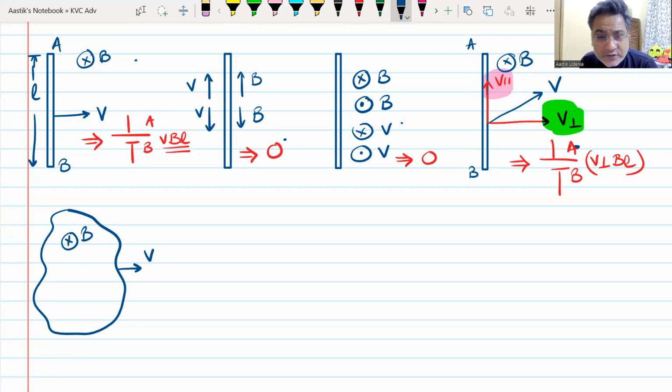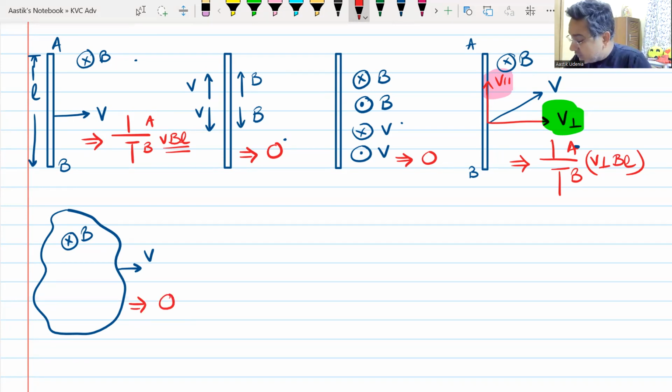Will there be any EMF induced in the loop? Yes. How much will be the EMF induced in this loop? Well, there will be no EMF induced in the loop. We have seen that a closed loop placed in a magnetic field and moving will not have any EMF induced.